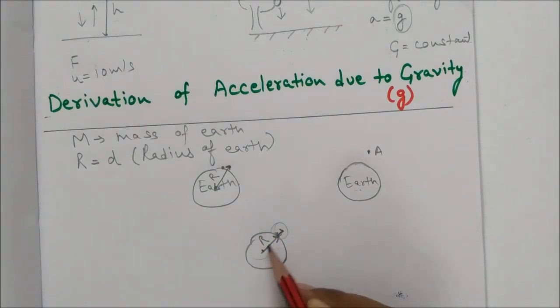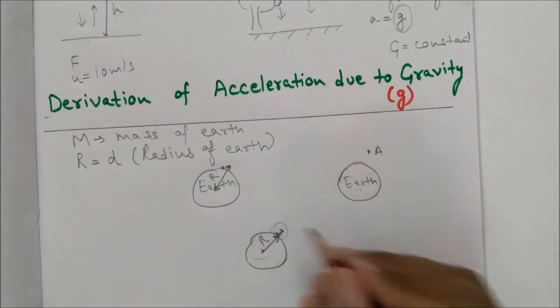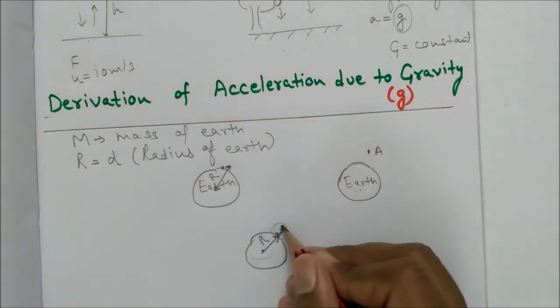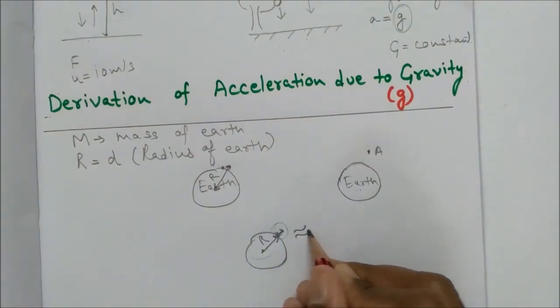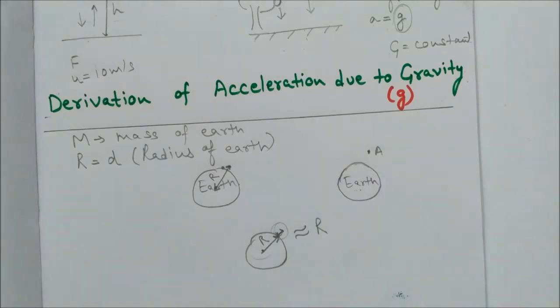So I'll take the addition of both distances as equal to capital R only, because the radius of the earth is very large.